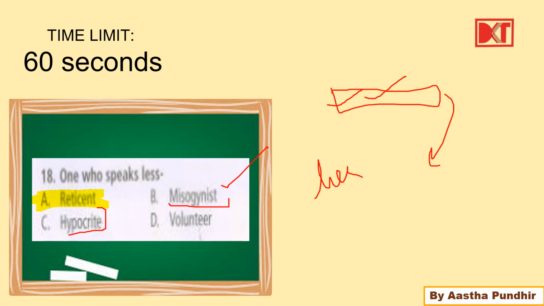So ये person जो बोलते कुछ और हैं करते कुछ और हैं, that is a hypocrite. All right. Volunteer, again volunteer एक person who अब जो अपनी मर्जी से they are contributing their time or anything for a certain cause or activity, volunteering for something. All right.